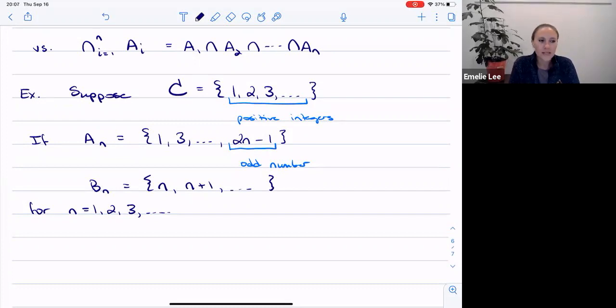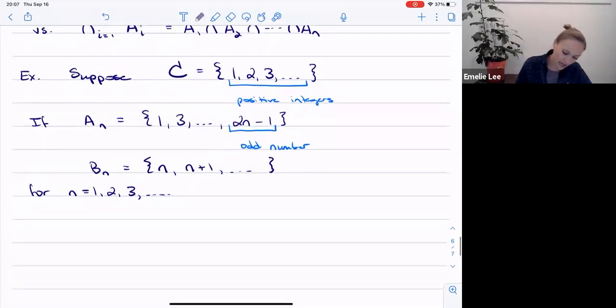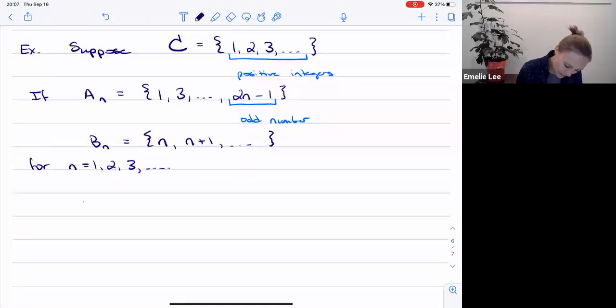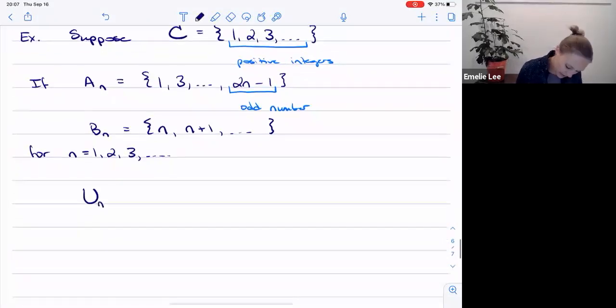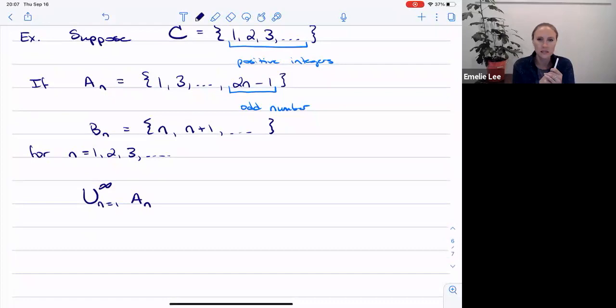Then what we want to figure out is, what if I have a union from n equals 1 to infinity of A subscript n? What's that going to look like? Remembering that the union is or, it can either be in A1 or A2 or A3 or A4. As long as it's in one of those, it's going to be in the set.